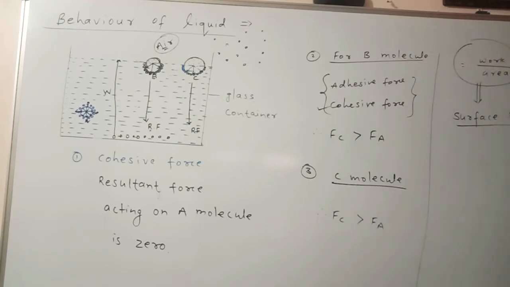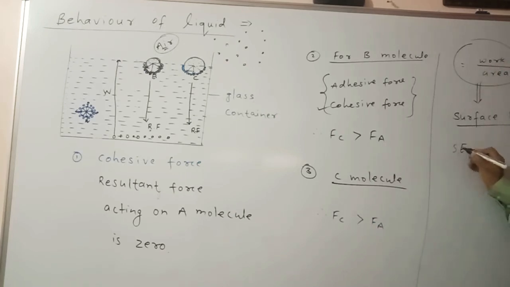And we know this work done is always in the form of potential energy. So that's why we are writing here, instead of work, potential energy upon surface area of water, that is also called surface energy.